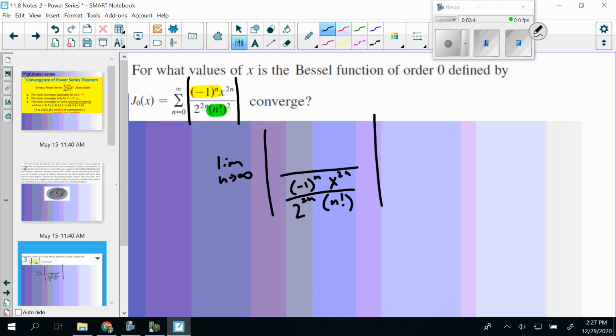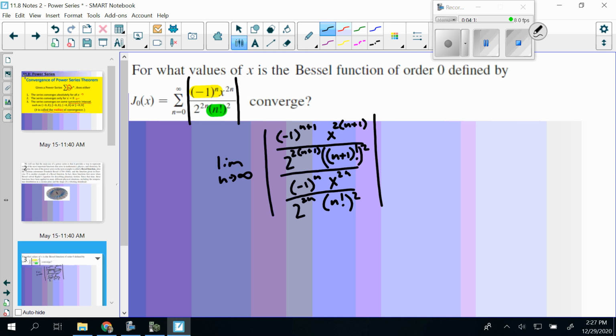And on top, with the ratio test, you want to do the +1. So here we want +1 on everything. So it'd be -1 to the n plus 1. This is going to be x to the 2 n plus 1. On bottom here, we've got 2 to the 2 n plus 1. And this will be n plus 1 factorial, all being squared here.